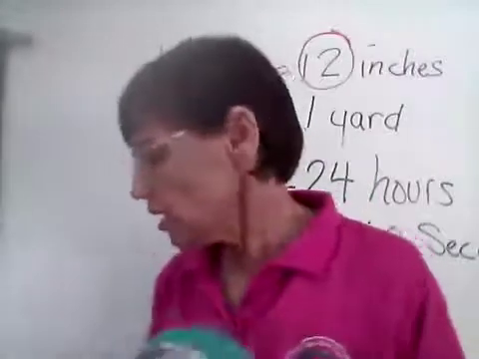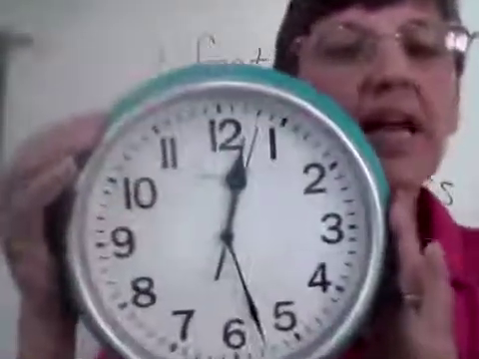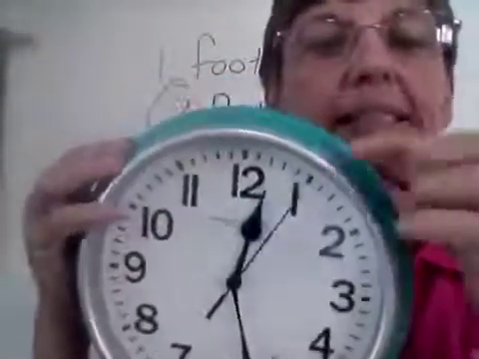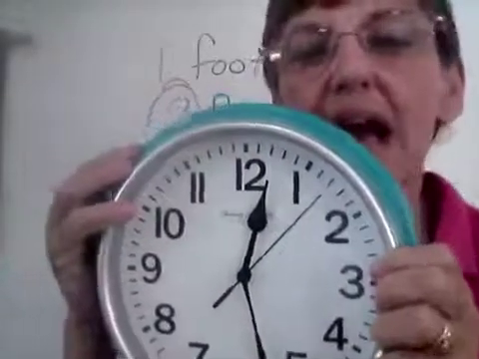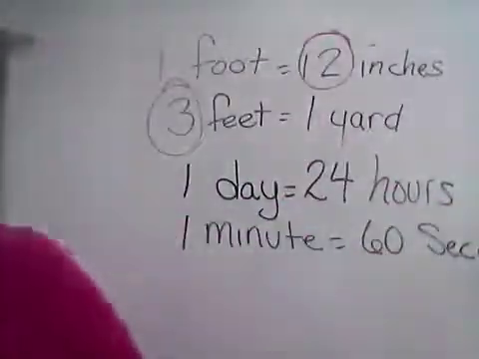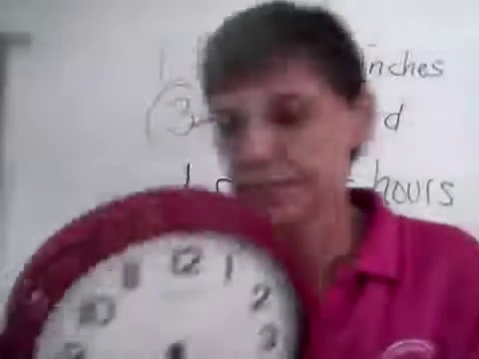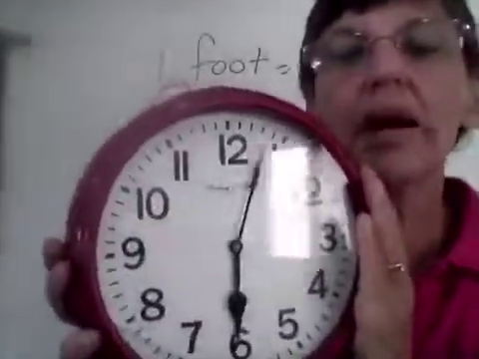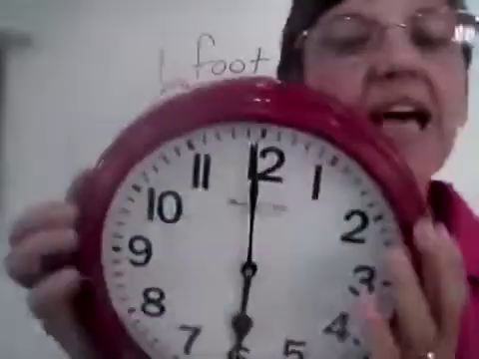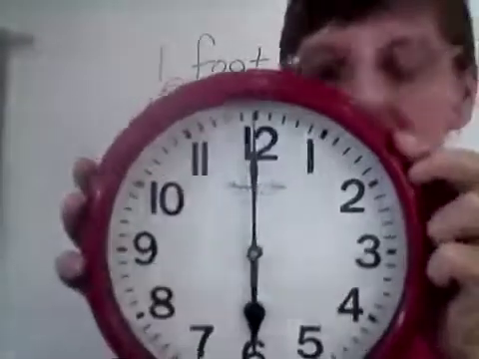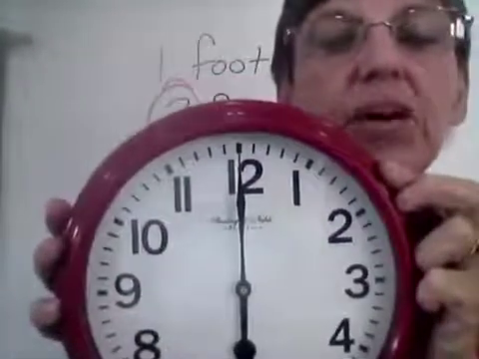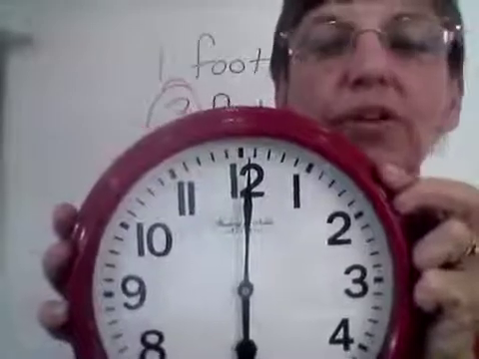So on our clock, there's that little hand zipping around, right? Tick, tick, tick. Every time that little hand moves around, okay, we'll start right here. As that hand moves around, this hand, our minute hand, is moving very slow. You can't see it.